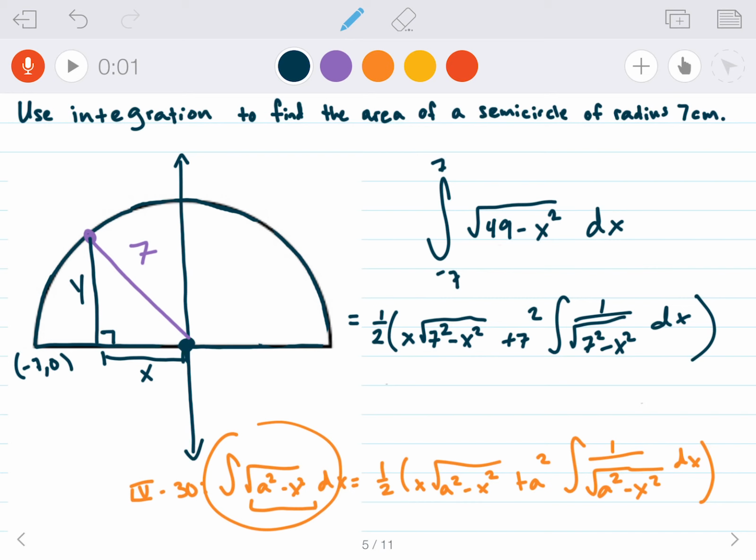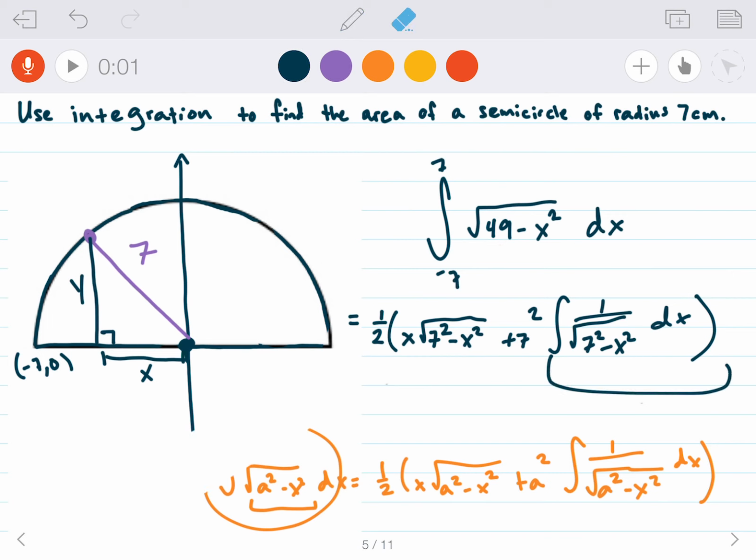And now I'm going to use 4-28 to evaluate this guy right here.